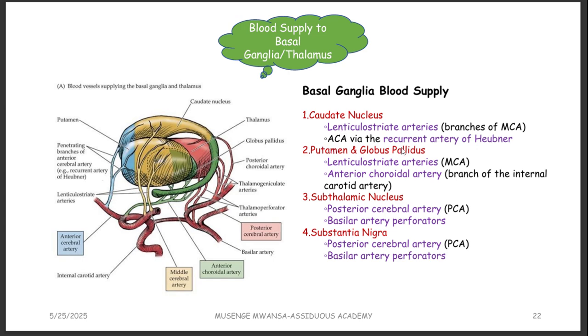Putamen and globus pallidus will also be supplied by the reticulostriate, but these ones are coming from the middle cerebral. But let me just differentiate this again. Reticulostriate is coming from the middle cerebral, but the recurrent artery of Heubner is coming from the anterior cerebral. Please just differentiate those two.